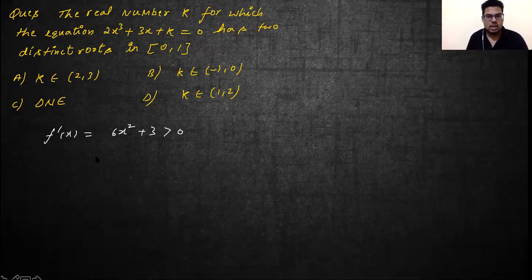So it will cut the x-axis only once between 0 and 1, depending upon the value of k, but for sure it will not cut the x-axis twice. So for any value of k, it cannot cut the x-axis twice. With this, we can say that there is no such value.